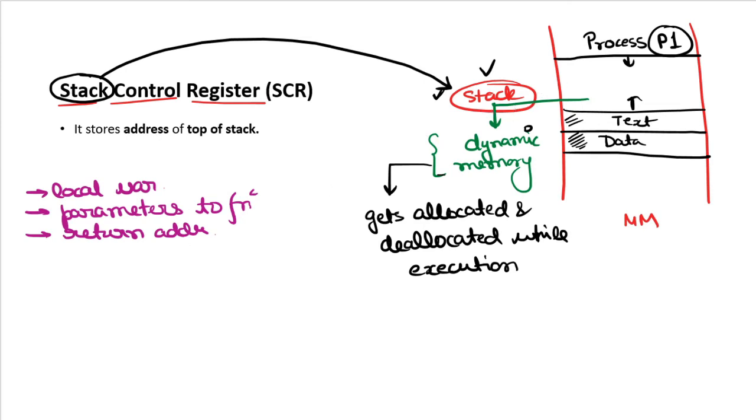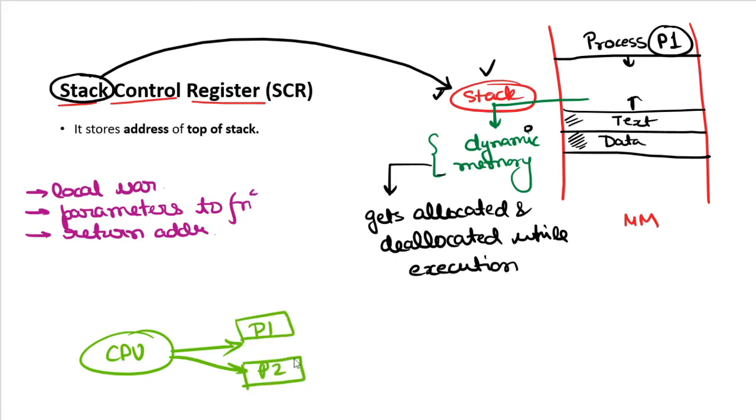We also know that the CPU is capable of running multiple processes. It can run one process at a time, but it can do context switching. It can run process P1 for some time, then run process P2 for some time, and it does context switching here.